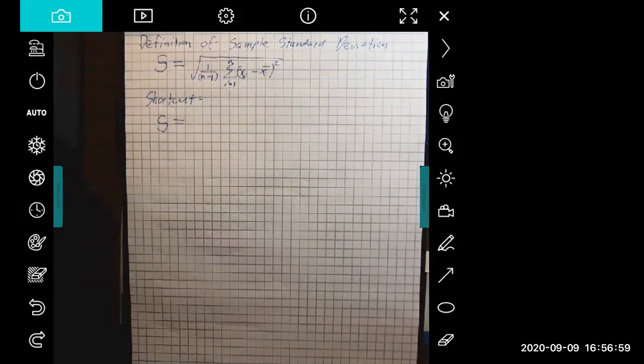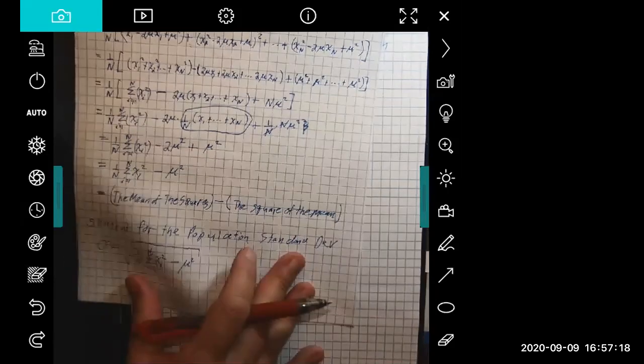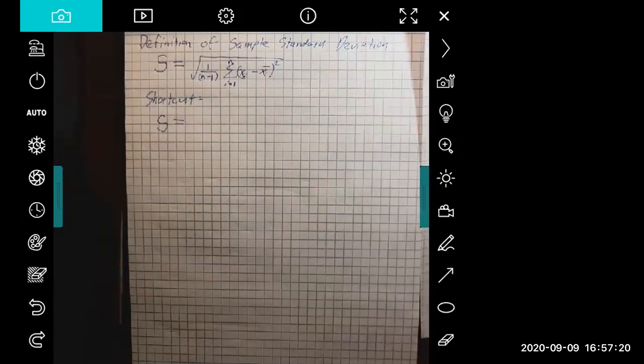And you can do the algebra the same way I just did for the population variance. The thing is, it was nice the way the n canceled out in that last formula. That's not going to happen here because it's an n and an n minus 1. They don't cancel anymore. It makes the formula a little messier. But I'm just going to write down what you come to.